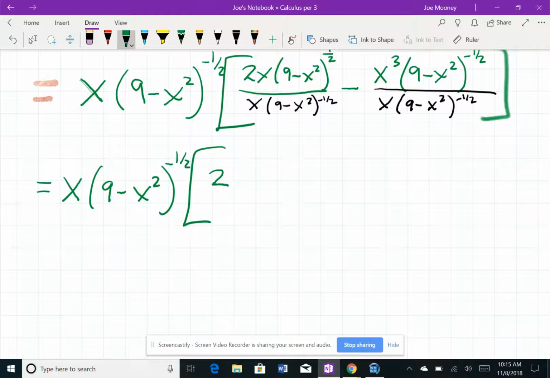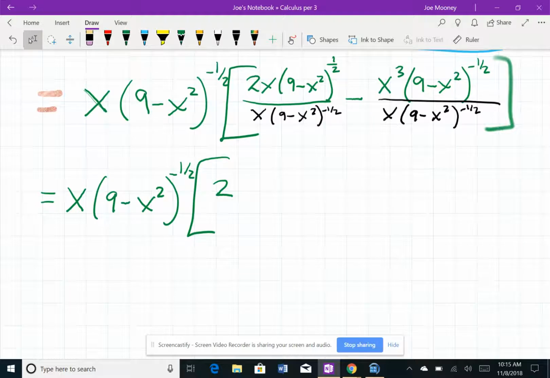Then I'm dividing a base to the 1/2 power by a base to the -1/2 power. So properties of exponents. I'll write it out. Once again, it's unnecessary. So that means I've got (9 minus x squared) to the numerator's power minus the denominator's power.